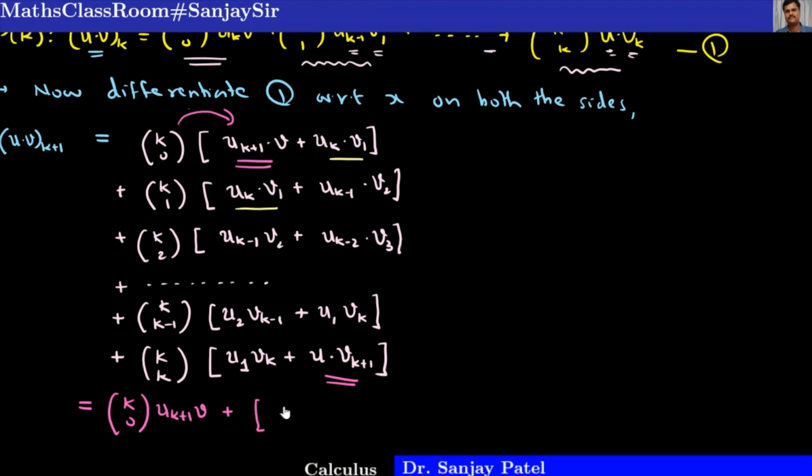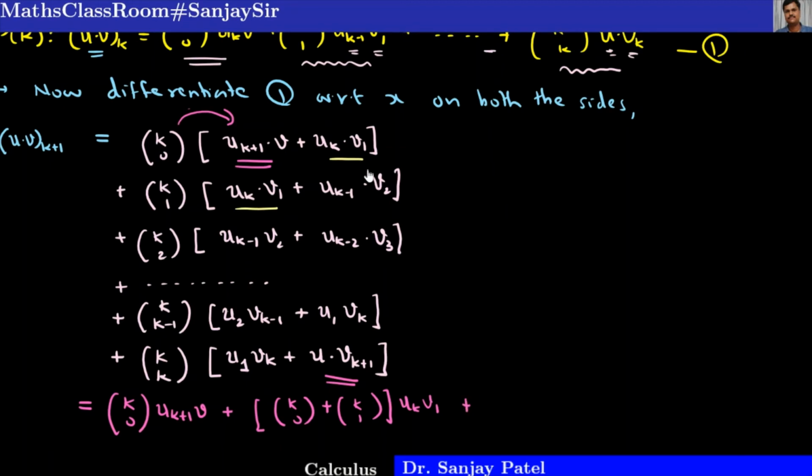It is uk into v1 common. So kc0 from the first term, kc0 into uk v1. So kc0 I am writing here, and kc1 into uk v1. So plus kc1 and then uk into v1.